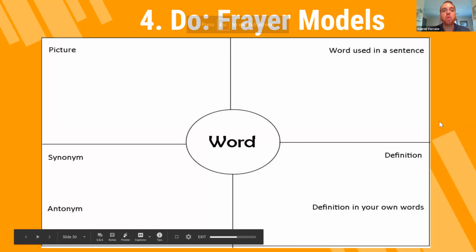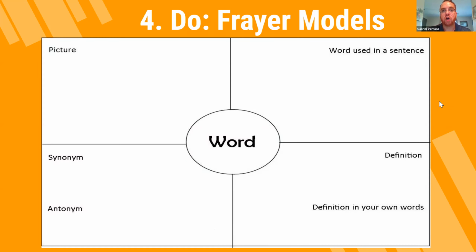Okay, and so again, I wouldn't have students make a FRAIR model of every single word, right? That is lengthy and time consuming. However, if you introduce the words at the beginning of your mini lesson, okay? So you let them know, here's our objective, here's what we're gonna study, here's the key vocabulary that you need.